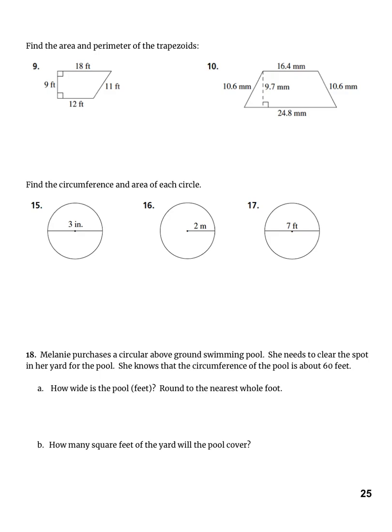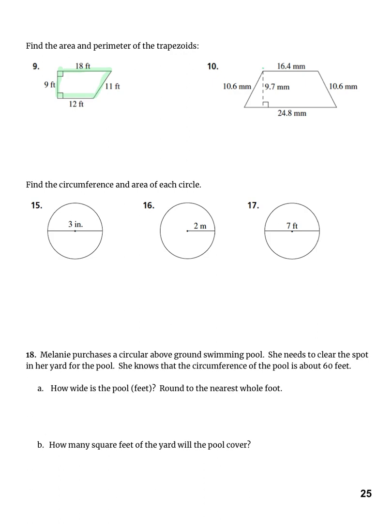Okay, so in this part of the review, we're going to look at the perimeter and area of trapezoids. To find the perimeter of a trapezoid, you just find the distance around the outside of the shape and add those together.